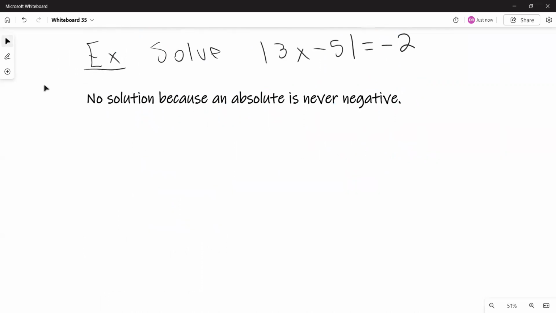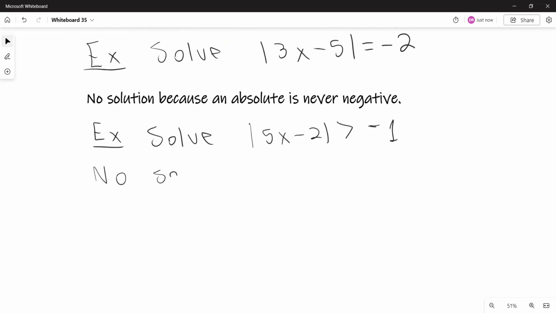With inequalities, let's suppose you want to solve the absolute value of 5x minus 2 greater than -1. This also has no solution, for the same reason as above.